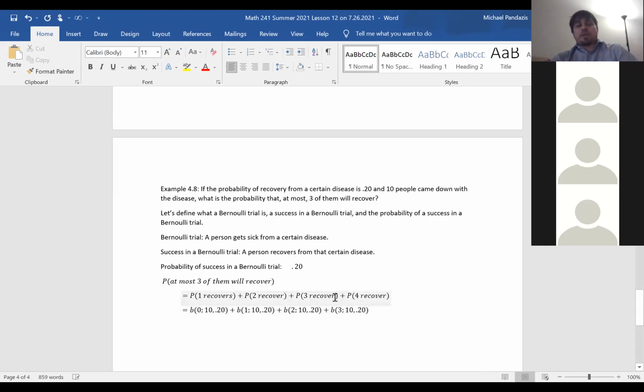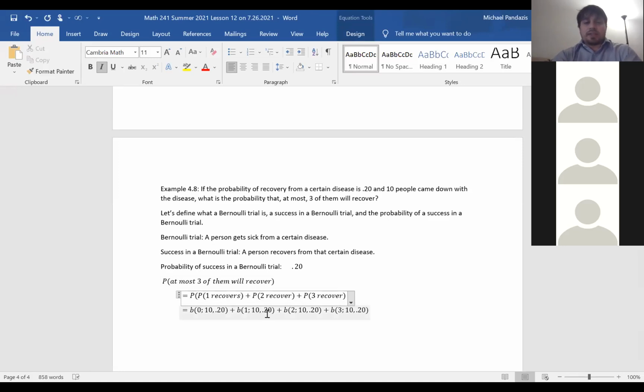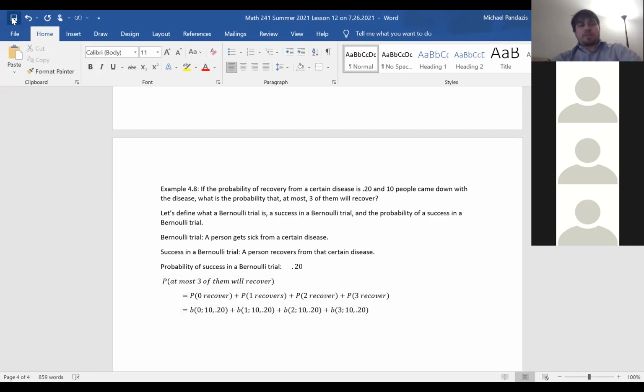Oh, there's only 3. Okay. This should be the probability that 0 recover, plus the probability that 1 recovers, plus the probability that 2 recover, plus the probability that 3 recover, right?